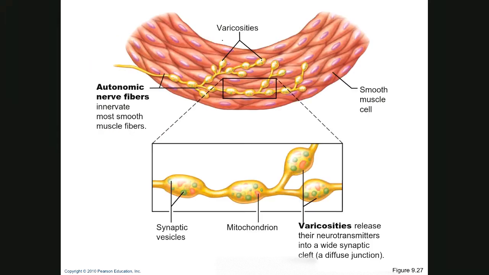So here's your autonomic nervous fiber, and you see it branches out, and you get these little balls, and they all release acetylcholine, and you still get your sliding filament model going, but it's not fine-tuned controlled.